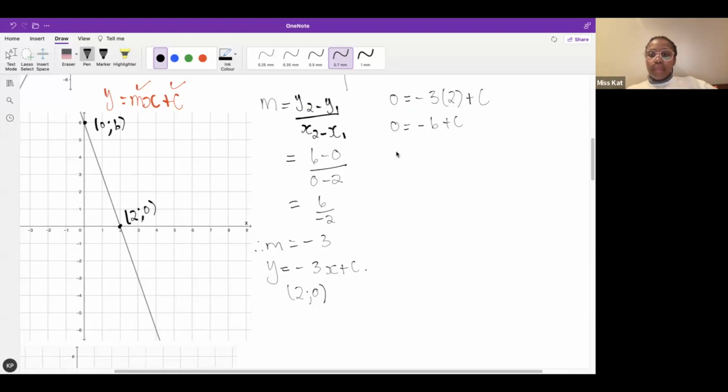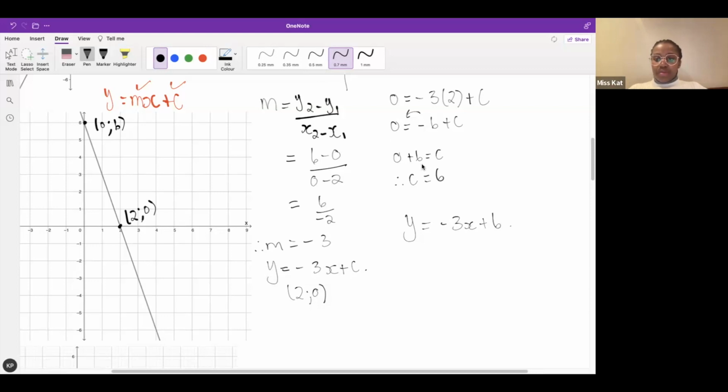And then we're going to transpose the 6 to the left hand side. So we're going to say that 0 plus 6 equals c. And c is equal to 6. Beautiful. So what's my equation? y equals negative 3x plus 6. Beautiful, thank you very much.